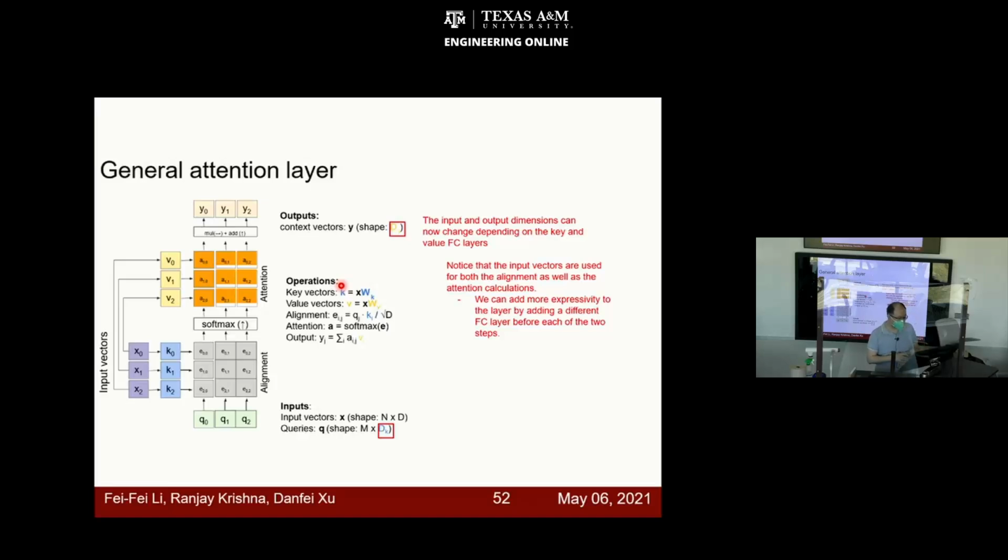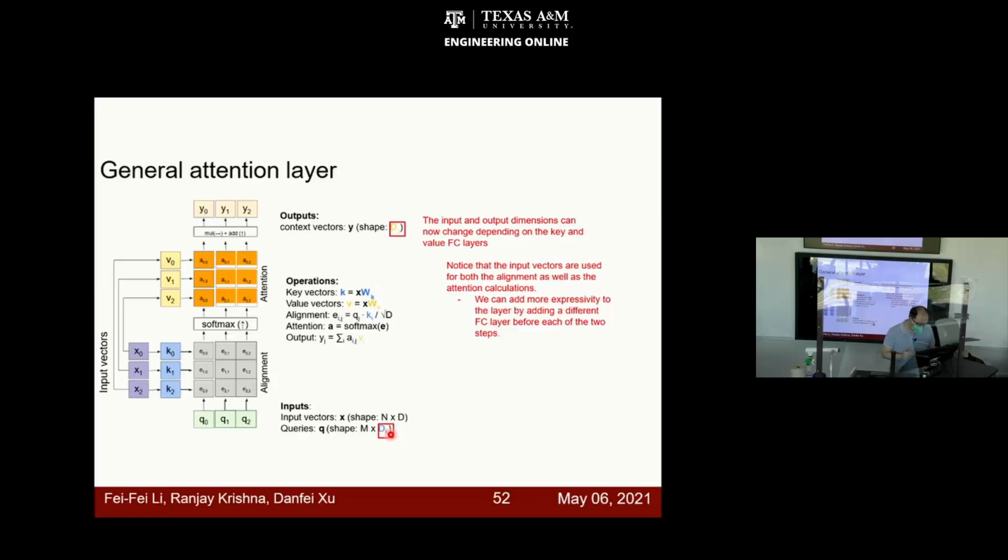So now the input and output dimensions can also change depending on the key and the value FC layers, because I'm not using x anymore. So I could change the x into keys and values, and I can also change its dimension, not only the values but the dimension as well. So now the changes are that the queries are actually of shape m by d sub k, which is the key dimension. It's no longer the input dimension d anymore.